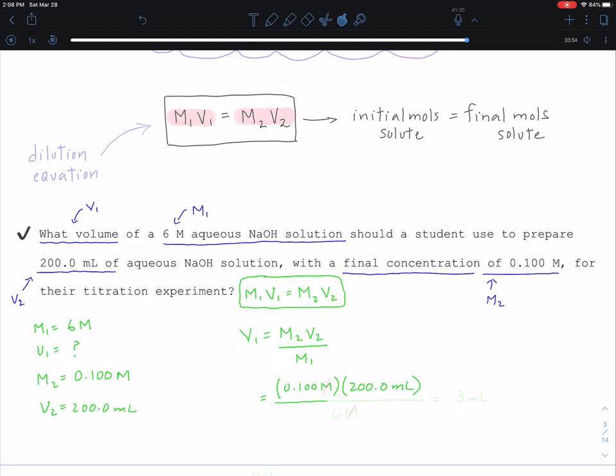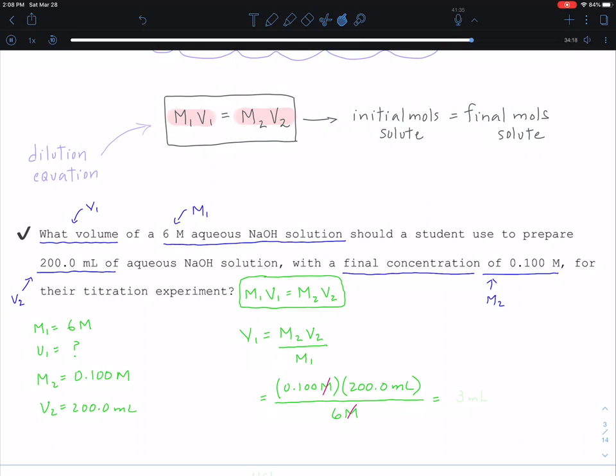And then I need to divide this whole thing by M1. They give that to me as 6 molar. Do you notice that these big M's are going to cancel out? And it does not then matter, unless they ask you to solve for the volume in liters, that you just leave it in milliliters.